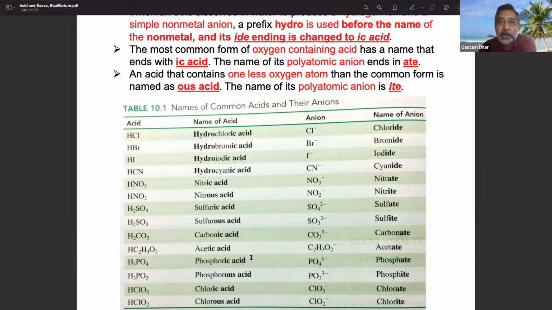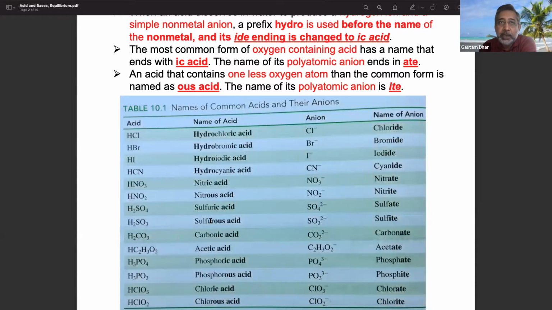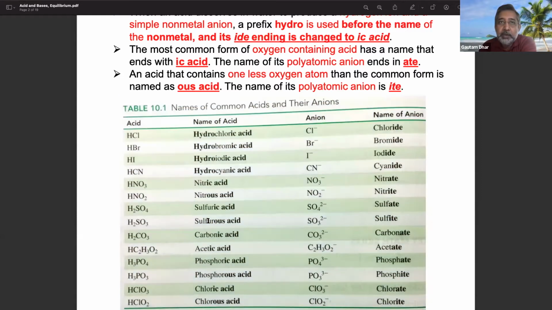Now for sulfur and phosphorus, you add this extra thing because there's such a common name. IUPAC didn't change it. So okay, let's keep it like that. That is for phosphorus and sulfur; you will see this change. But otherwise everything will follow this naming style.